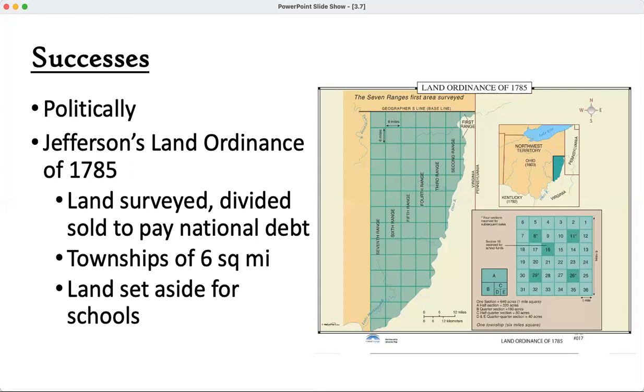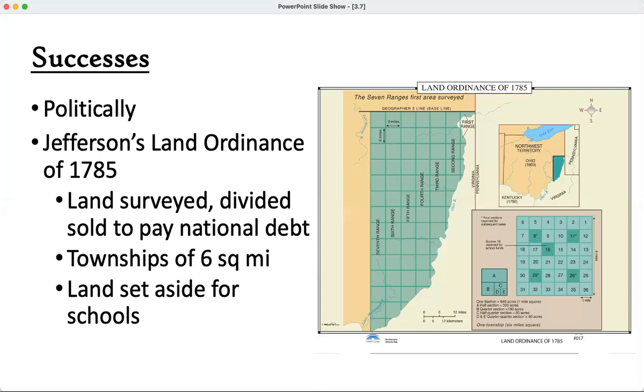Remember, the Proclamation of 1763 said American colonists were not allowed to go past the Appalachian Mountains. Now we have a bunch of land west of the Appalachian Mountains. Who does it belong to? How do we divide it up? Is it first come, first serve? Is it squatters' rights? Just practically, we need a way to figure out how do we govern and divide up this land. And Thomas Jefferson has a plan.